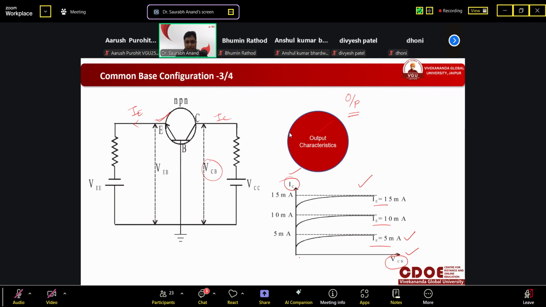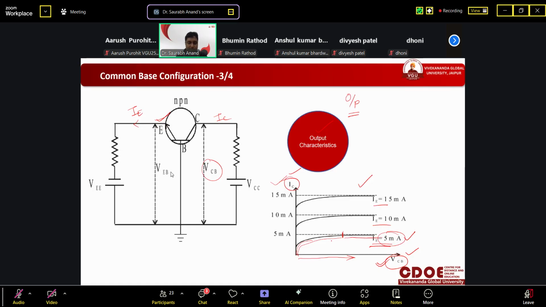So what we have done is increase the output voltage. First, we fixed the input current at 5 milliampere and started varying the voltage, and we get the current accordingly. At 0 it is not like that; practically it will be like this. After some voltage, it will start conduction and the current will increase. Up to this point the current was continuously increasing, but after reaching this point it is constant.